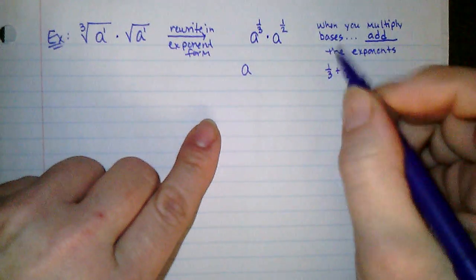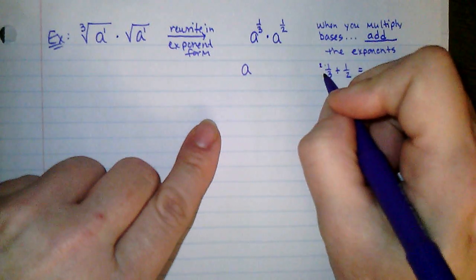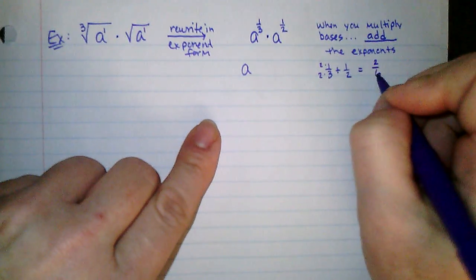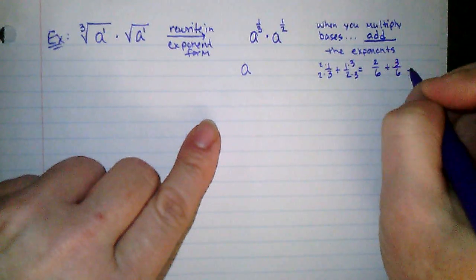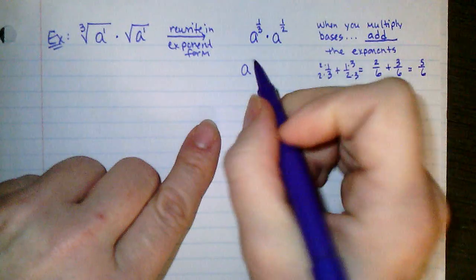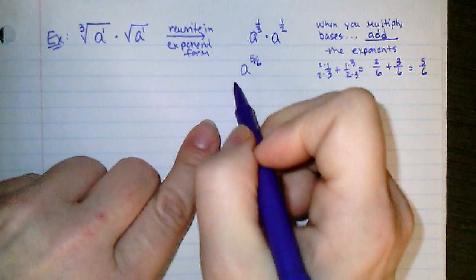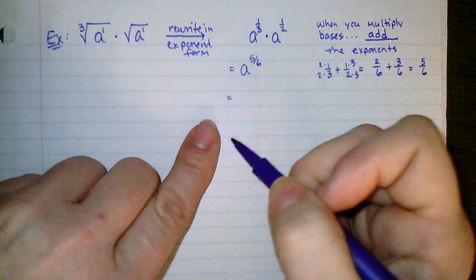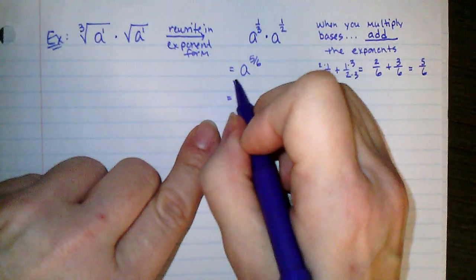To add fractions, I need a common denominator. So I'll do this one times 2, so I get 2/6, and this one times 3, plus 3/6, which would be 5/6. So now I have a to the 5/6. And then remember, my instructions said that I should rewrite this in radical form. They want it to be in radical form.